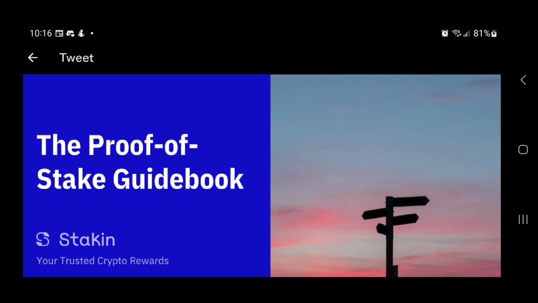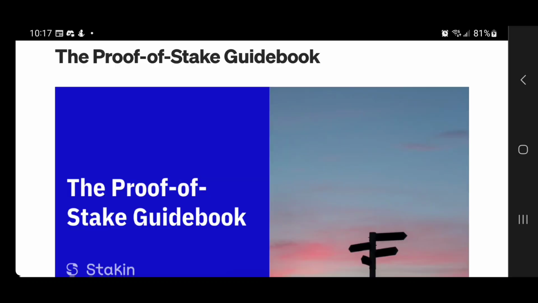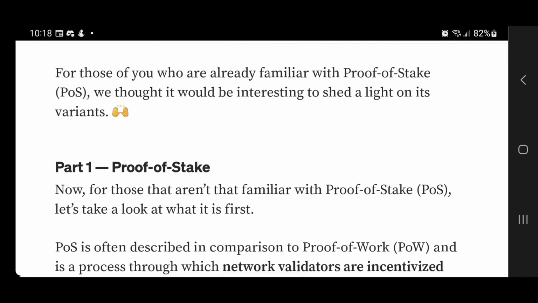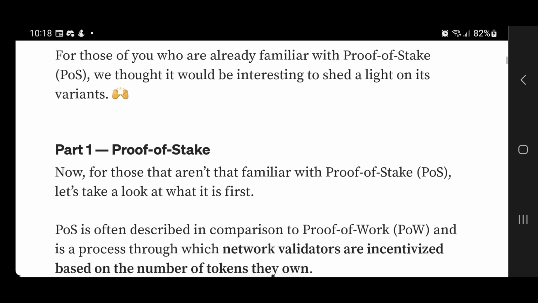So in preparation for this video, I was just doing some research, came across this article, the Proof of Stake Guidebook by Staken. So in this article, they're going to shed light on the variants of proof of stake.